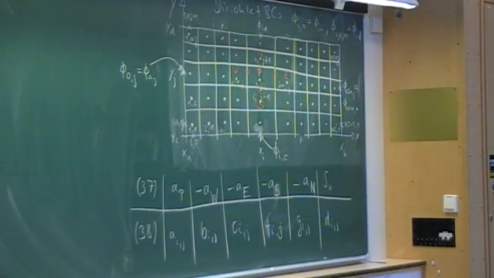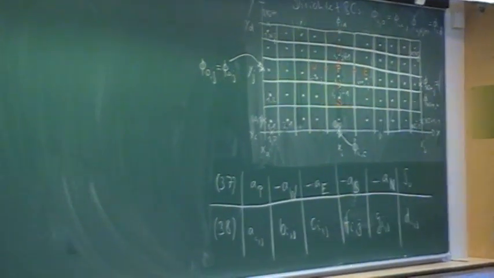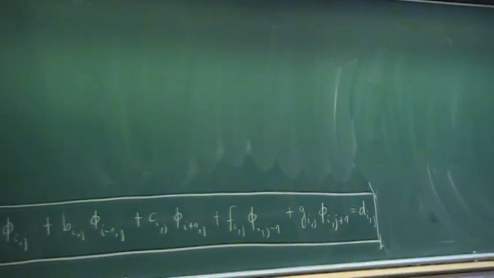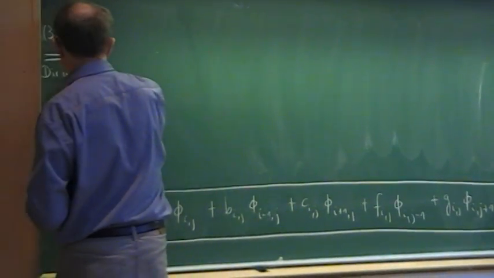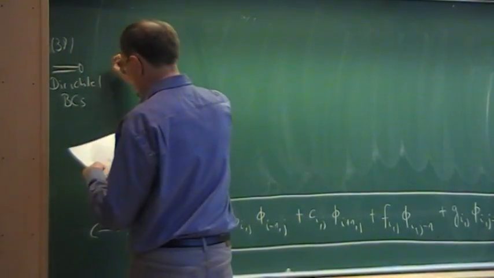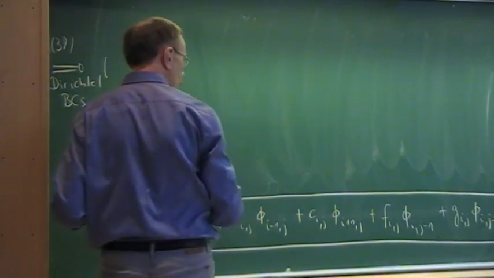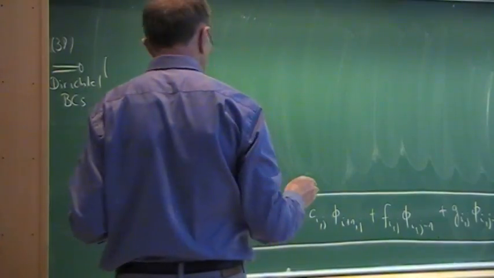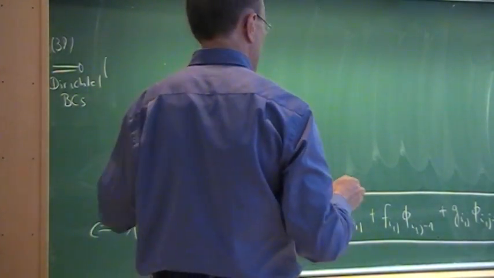So then, doing the directly boundary conditions and using 38, we get equation what we call now 40. Let's see. This, no, 38.